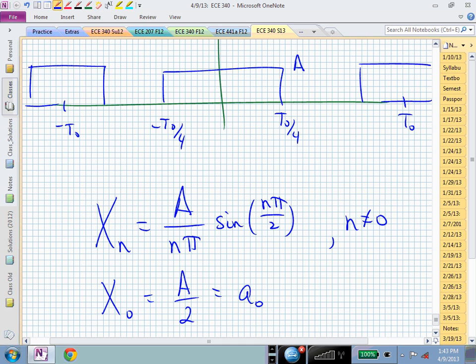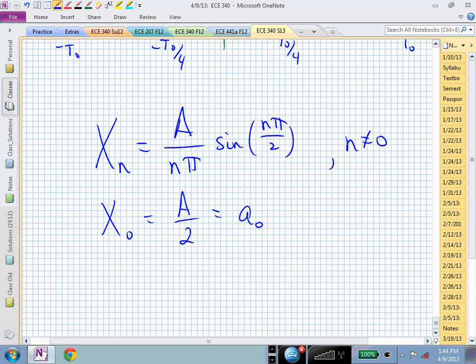Now, if these are our x's, can you see that we can sketch the line spectra for this waveform? Now we need to realize that in the complex exponential we have positive frequencies and negative frequencies, and we're going to essentially be scaling things down versus the compact trigonometric, because we have half of it in the positive and half in the negative frequency interval or harmonics.